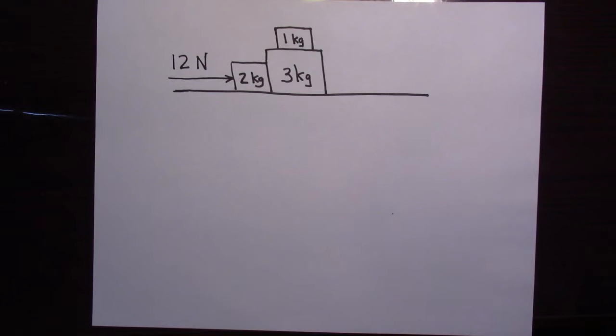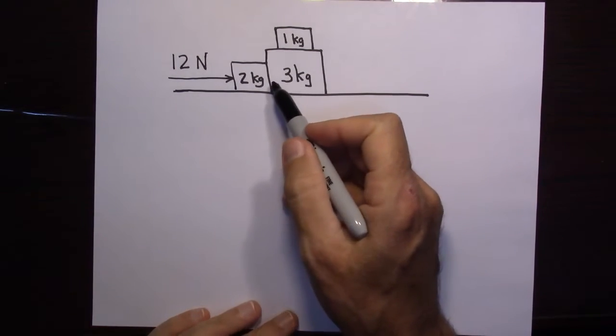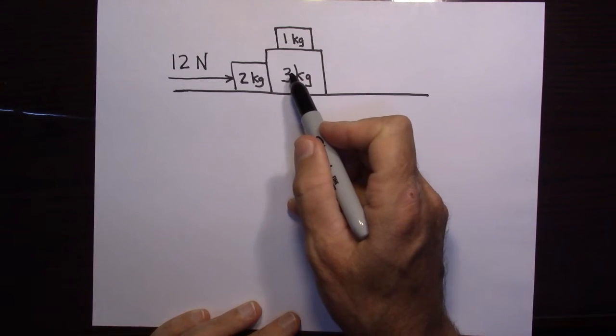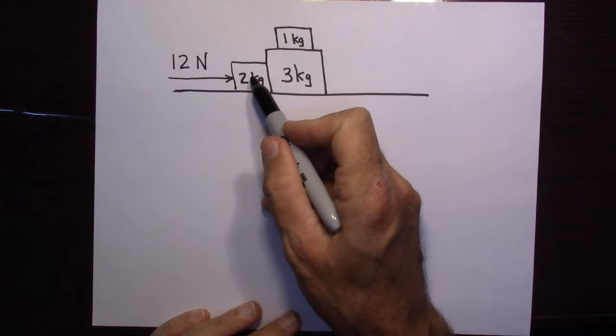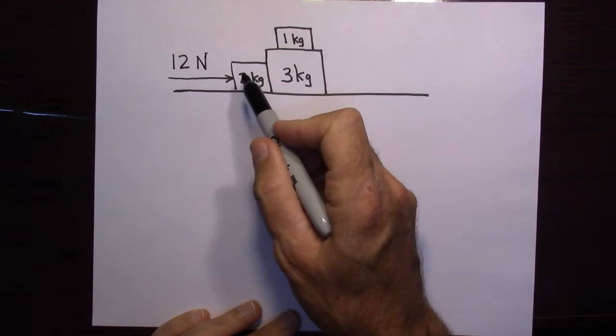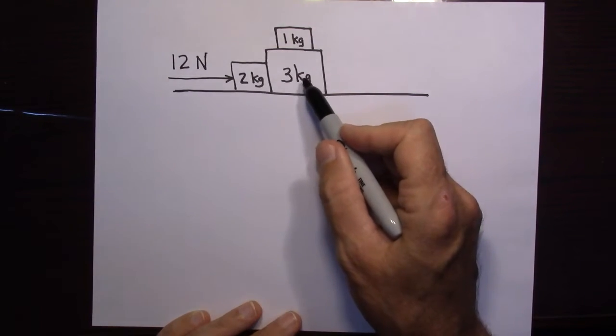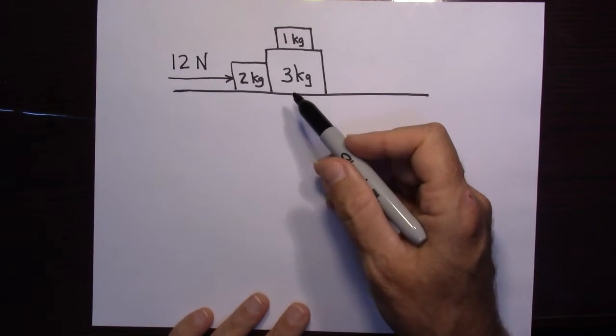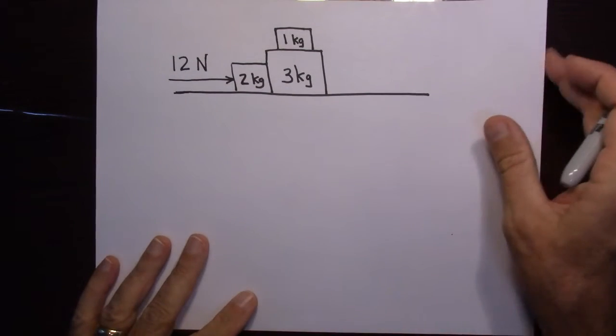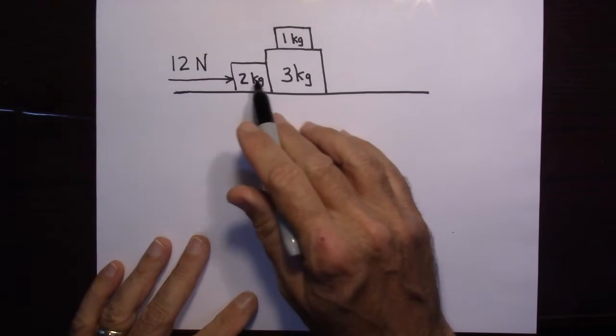It's convenient because when we analyze all the forces, the force that the 3 is pushing on the 2 with is equal and opposite to the force that the 2 is pushing on the 3 with. In other words, this pushes on that, that pushes on this, and since Newton's third law says those have to be equal and opposite, they cancel.